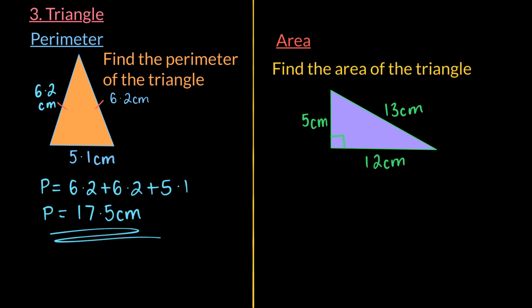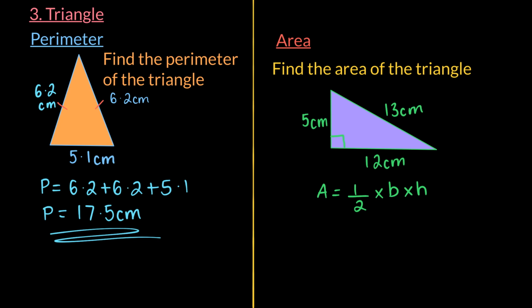And the last example asks us to find the area of this triangle. So our area formula for a triangle is A equals a half times the base times the height. But what we have here is not just the base and the height, but we've been given the third side as well, and we only need two of them.